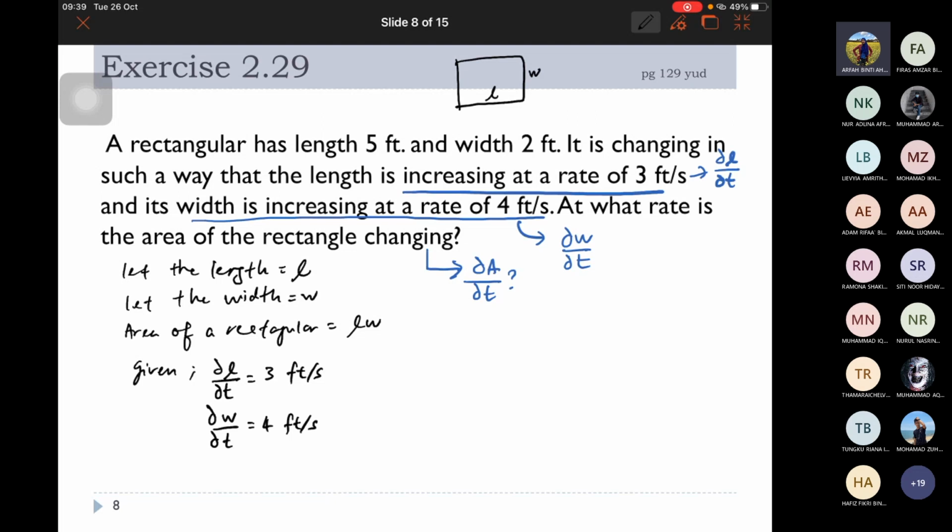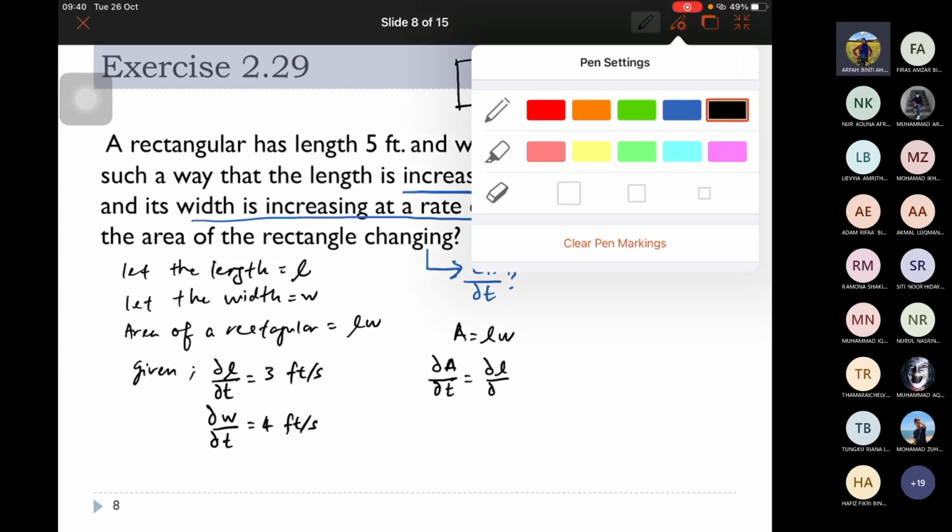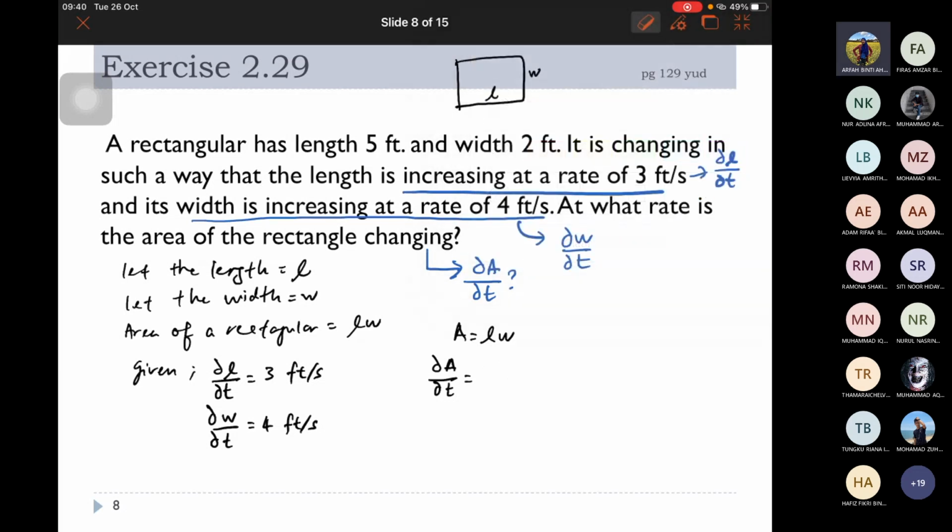Okay. So area of a rectangle. Okay. A equal to LW. So delta A over delta T akan sama dengan delta A over delta L. Okay. The partial derivative of A with respect to the length multiply with dL over dt plus partial derivative with respect to W multiply with dW over dt.